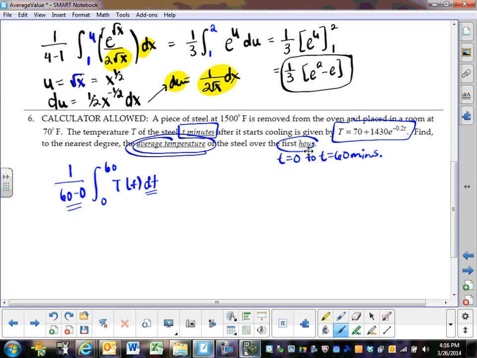These are technically geometrically going to cancel and leave us with temperatures. If you think about the units, this would be degrees Fahrenheit multiplied times minutes, and then we're dividing by minutes, or multiplying by 1 over minutes. So the units are a very good indication of whether you've done the correct thing with your problem.